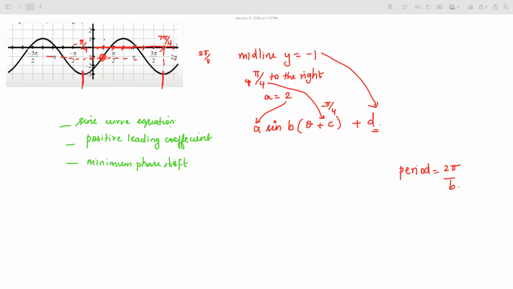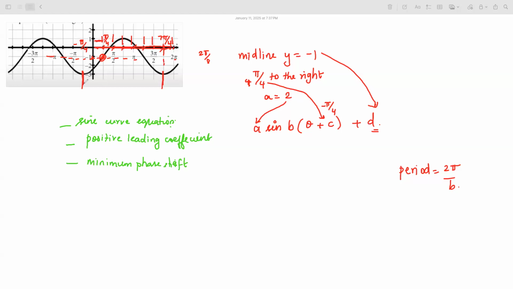See, this period is 2 pi. This is divided into 8 segments. So each segment is 2 pi by 8, which is pi/4. Instead of saying pi/4, pi/2, you might get confused, right? So this is 1 pi/4, 2 pi/4, up to 8 pi/4, and 8 pi/4 is 2 pi.